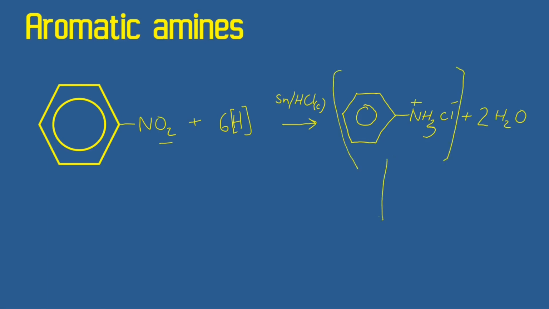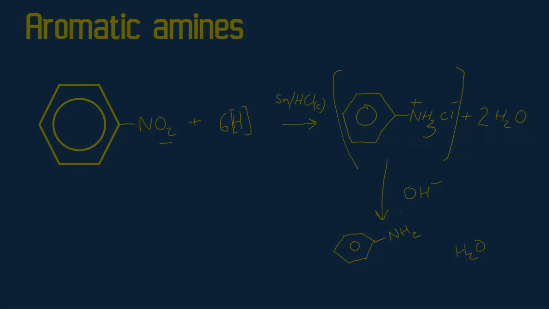To get rid of this, you might need to neutralize it with some OH- to actually get to the final product. This isn't a step that you see very often, but just bear it in mind just in case they do throw a wobbler at some point in the future. Okay, yeah, so that's making amines.